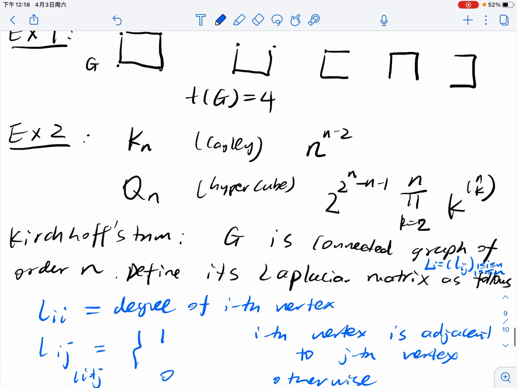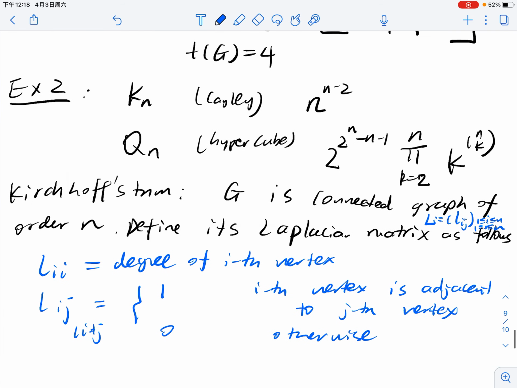Oh, here I should say, in this case, we care about simple graphs instead of general graphs.